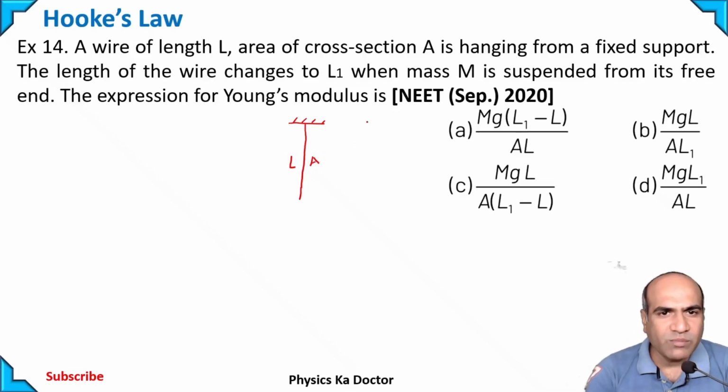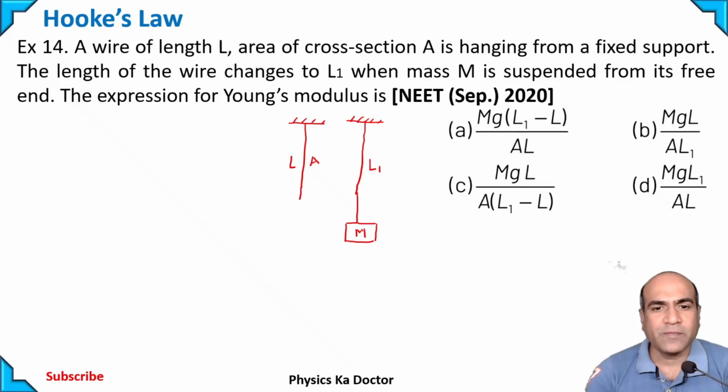The length of the wire will change to L1 when mass M is suspended from its free end, or you can say mass is added at the end of the wire, so it becomes L1, right? So this condition is given.